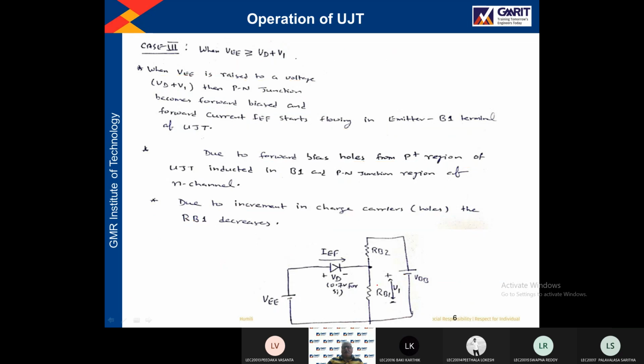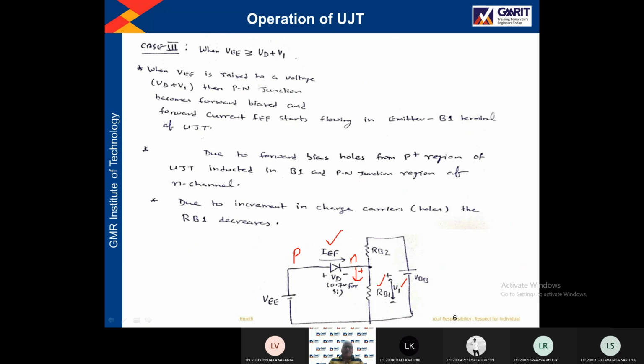If this decreases, then the voltage across it, that is V1, will also decrease. So this positive voltage will also decrease, meaning the N terminal potential is decreasing. If this is decreasing, then P is fixed and N is less now. So this PN junction diode will become more forward biased.